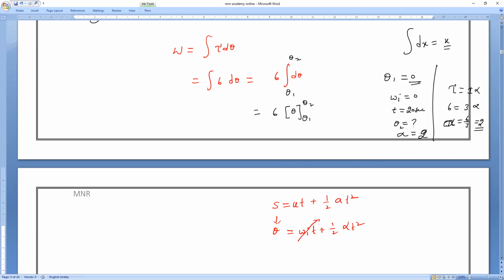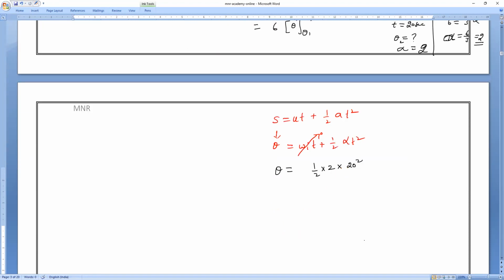Initial angular velocity is 0, so that whole term becomes 0. So theta is half into alpha value 2 into time t square, 20 square. The 2 will get cancelled, so theta is 400 radians.